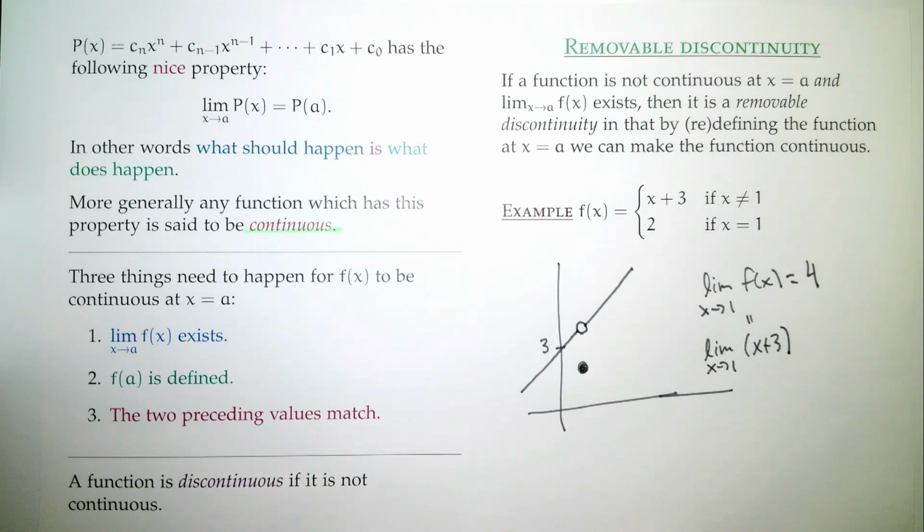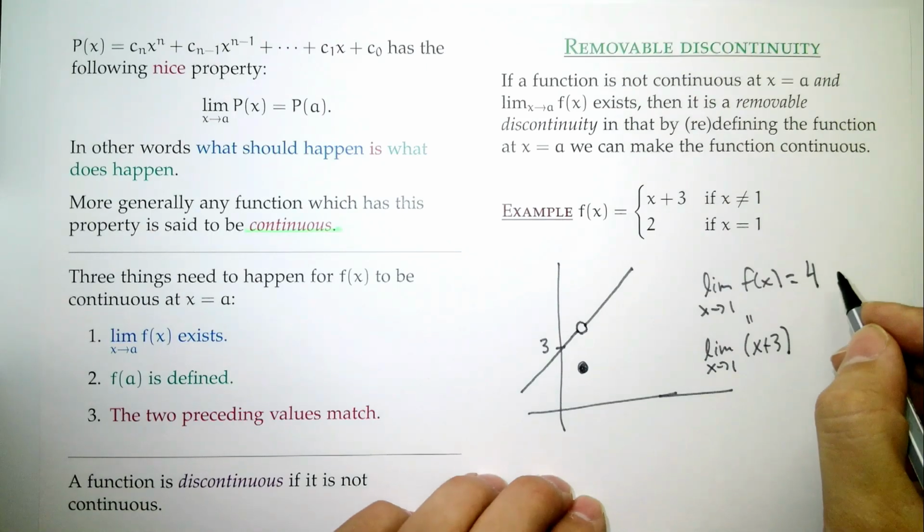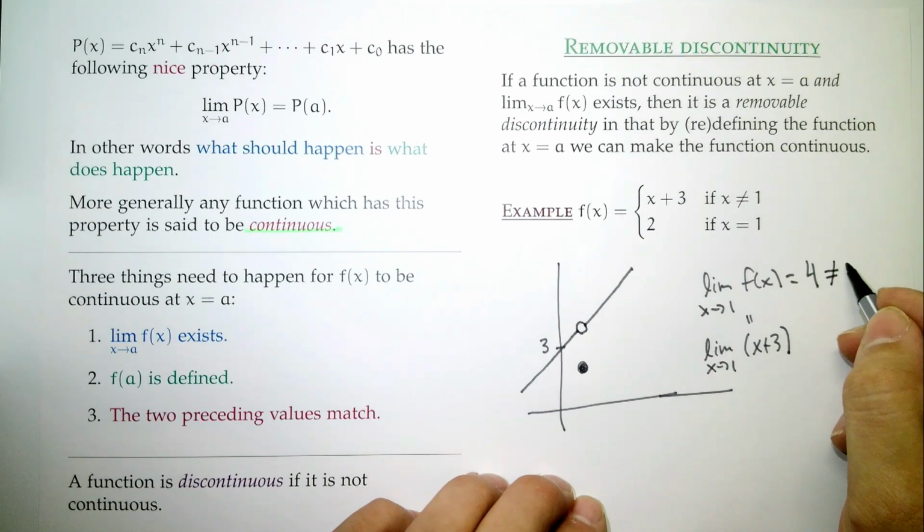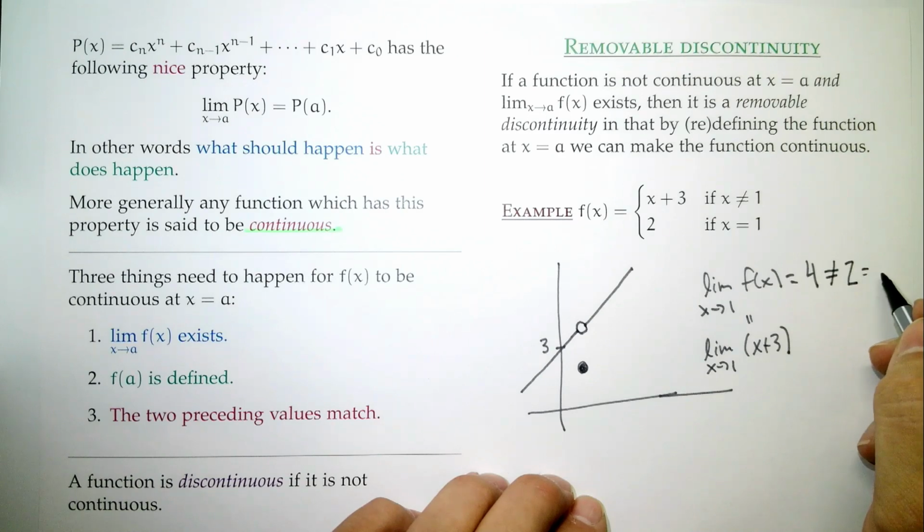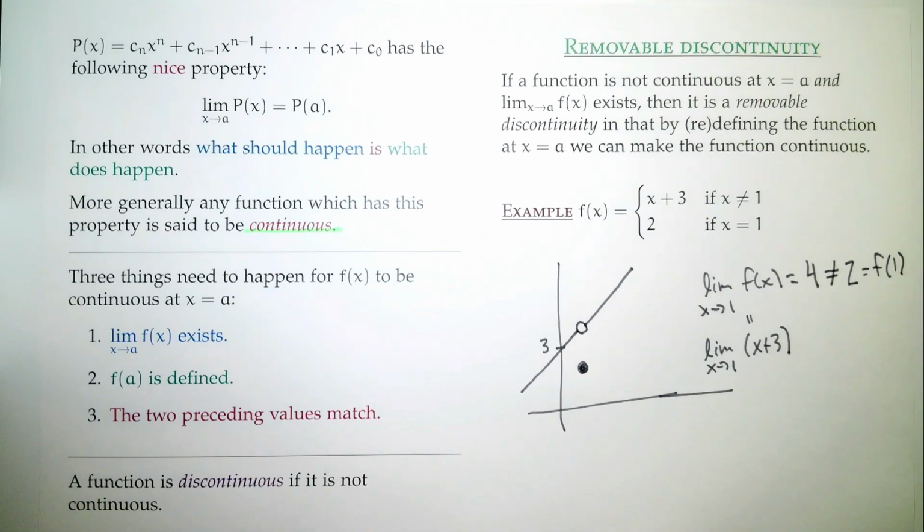And that's a polynomial that we can take that limit of. But of course, this 4 does not equal 2. That's one of those cool facts you learned back a few years ago. And that's f of 1. So this is not continuous, but the limit does exist.